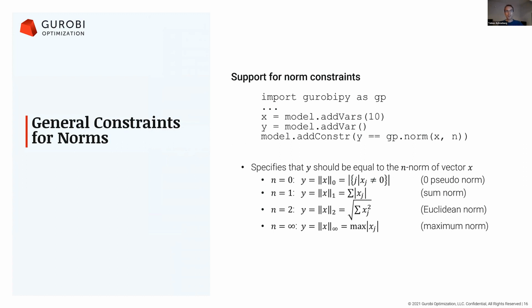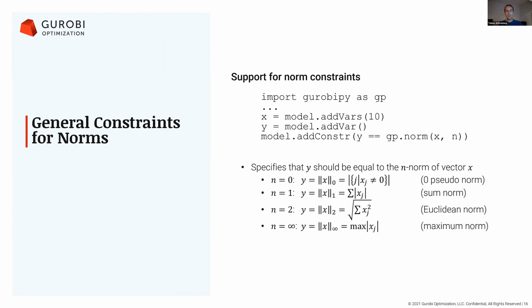And now we have 4 choices for the norm, namely 0, 1, 2, and infinity. The 0 means the 0 pseudonorm. That means that y should be equal to the number of non-zero entries in that variable vector x.